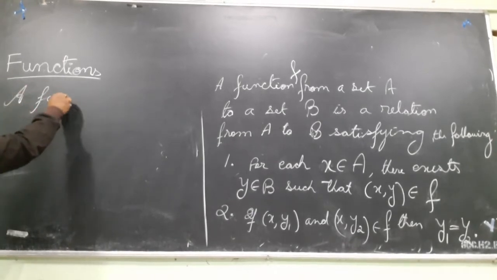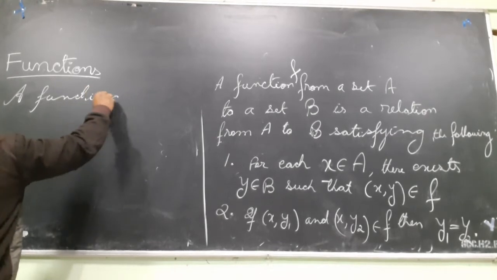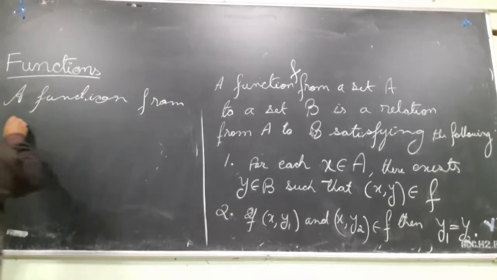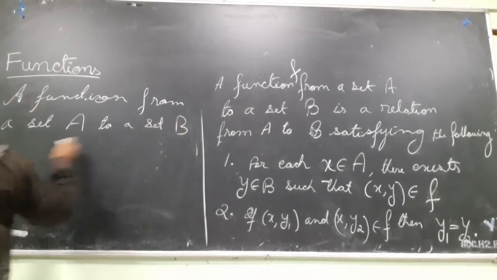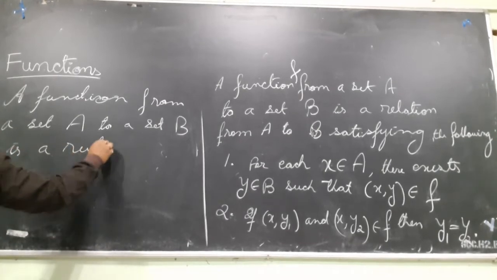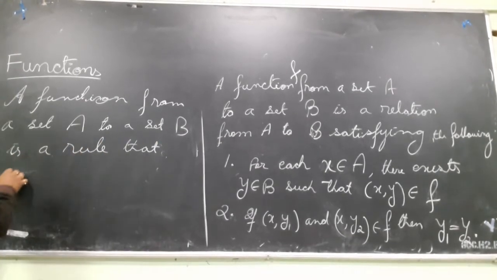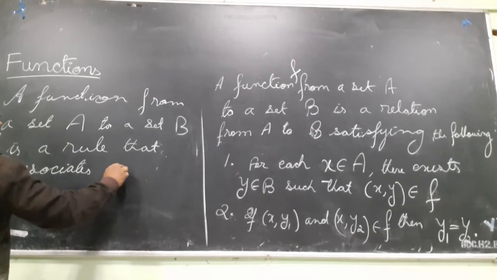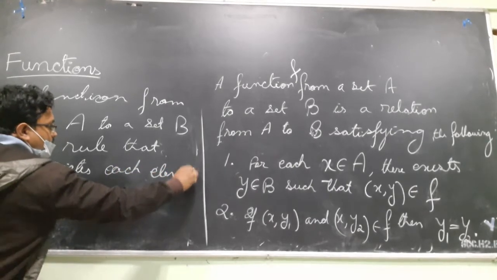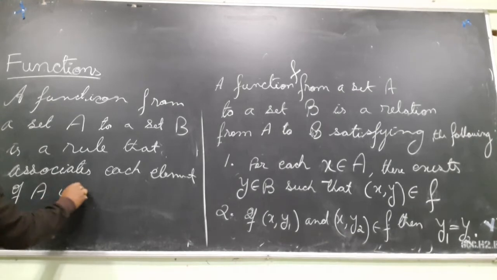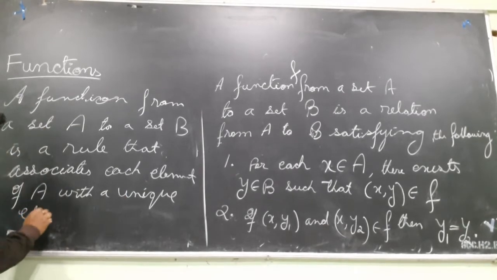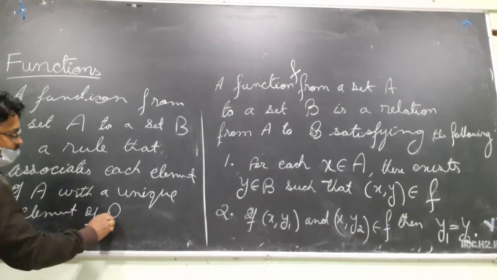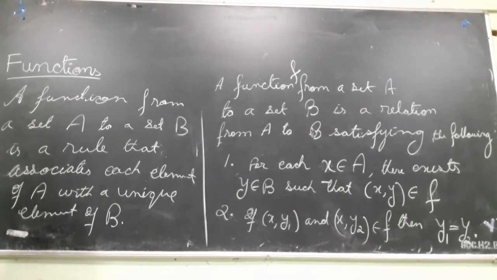A function from a set capital A to a set capital B is a rule that associates each element of capital A with a unique element of capital B. This is the language. In the form of language we write it this way.